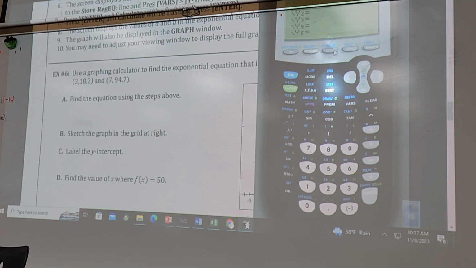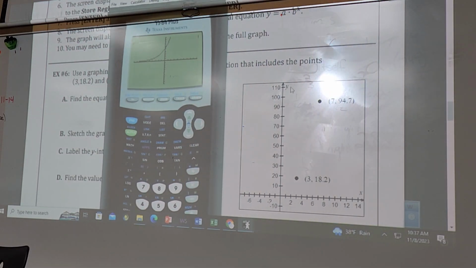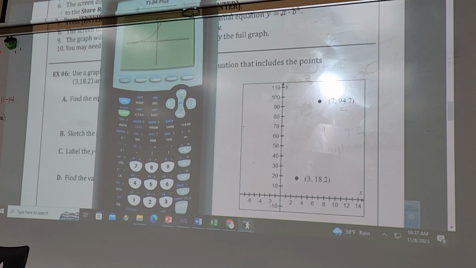Now this time I'm going to hit zoom standard, right? I'm hitting zoom standard because both those points are within 10, 10. Well, actually, why don't we follow their window?